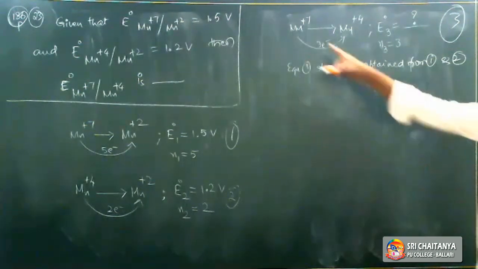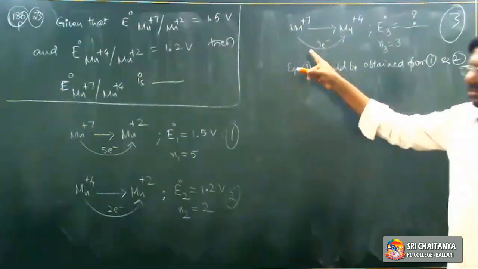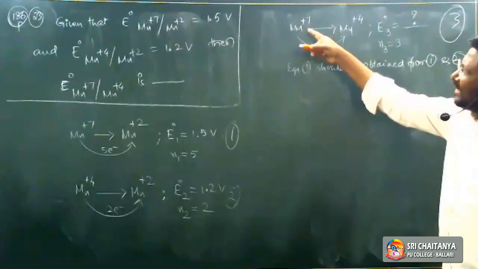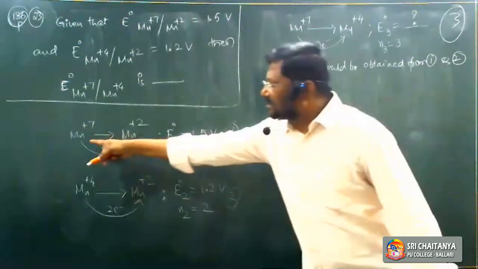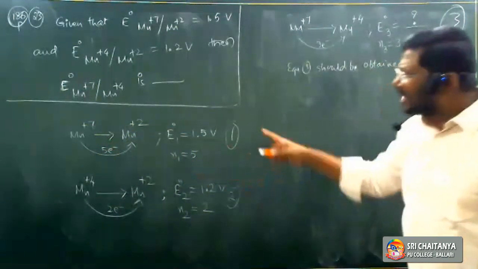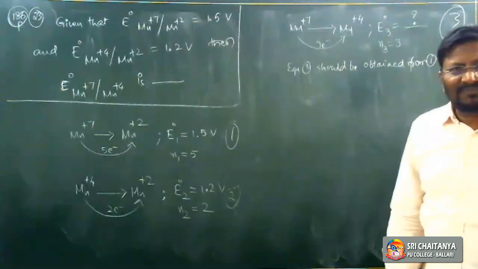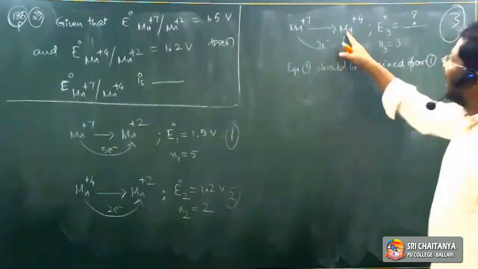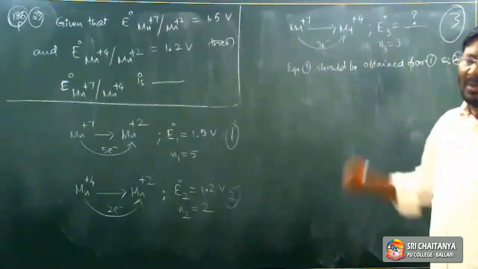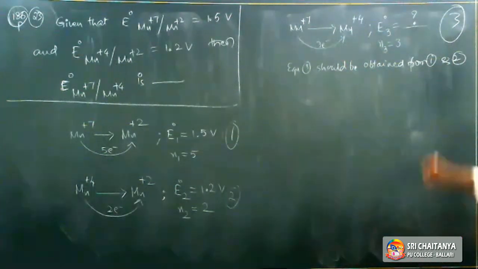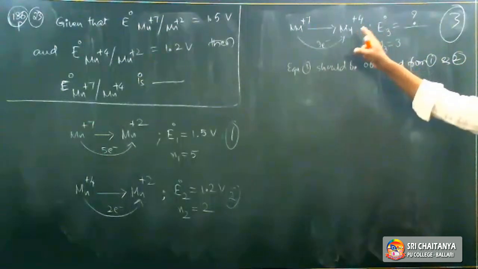Here Mn plus 7 is in reactants. Where do you find this species? Here it is, here also reactant. No problem. Next one, Mn plus 4 is a product here. Where else is it?